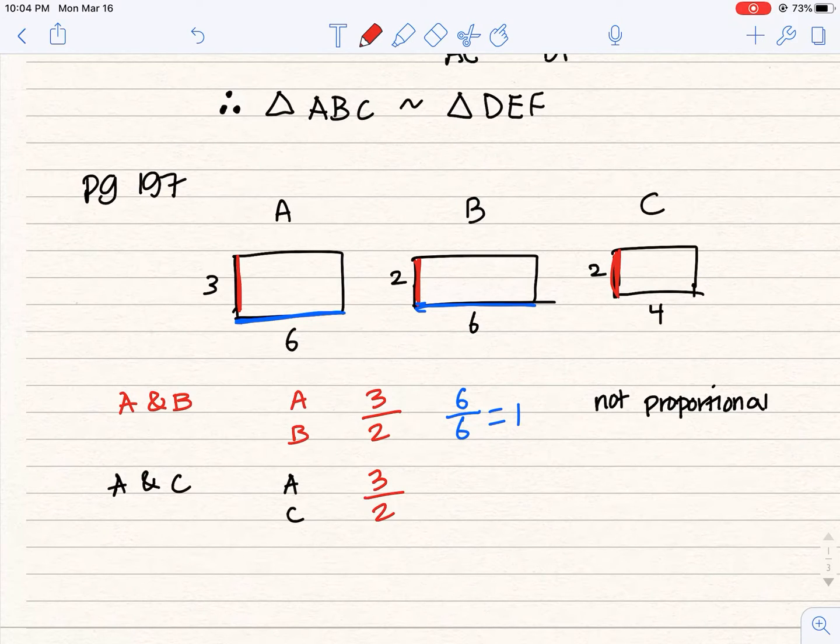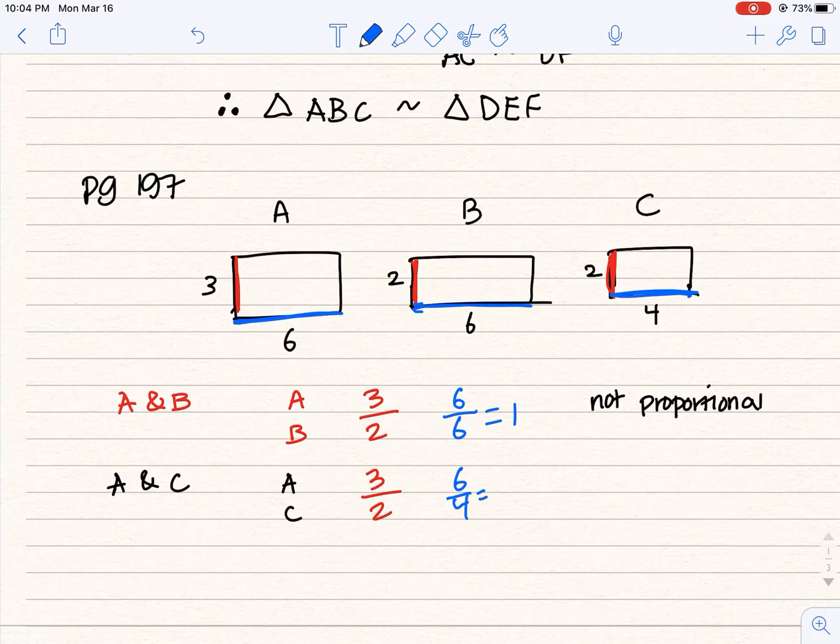C in this case is going to be 2 on the bottom. 6 on the top for the width, 4 on the bottom. Now, from the get-go, it may not look the same, but you have to simplify and see if they are actually going to be the same, which is 3 over 2. So they are actually going to have the same proportion.